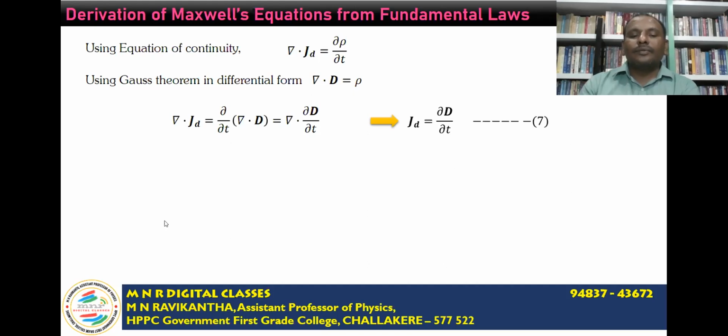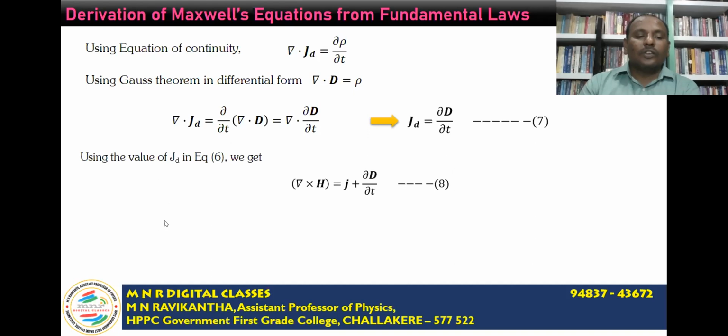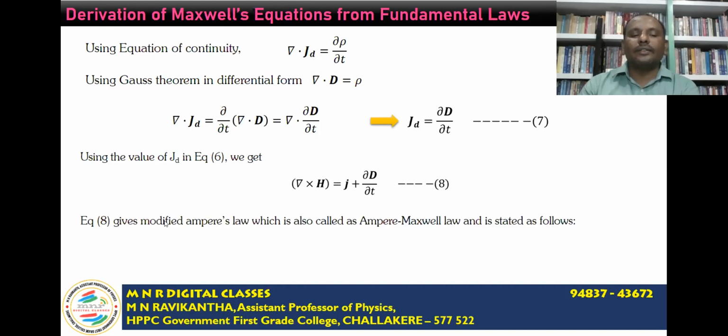It means the displacement current is due to the time rate at which the electric displacement vector varies. So using this value of Jd in equation 6, we can write del cross H is equal to J plus ∂D/∂t. Call this equation 8. Equation 8 gives Ampere's law in modified form, and it is also called the Ampere-Maxwell law.